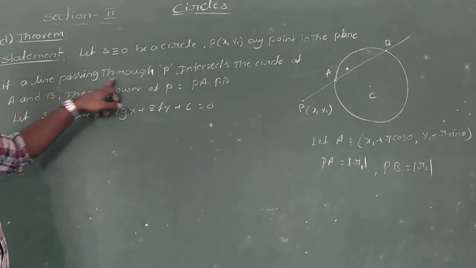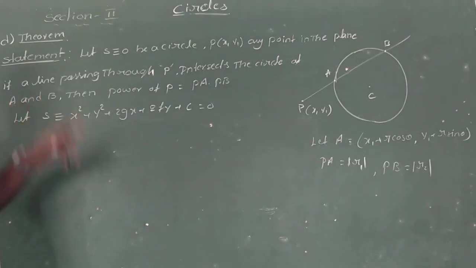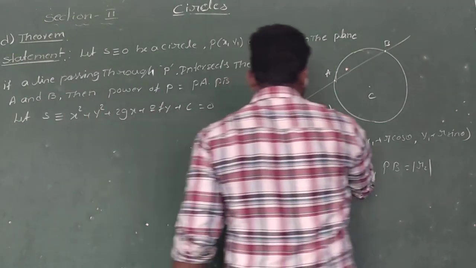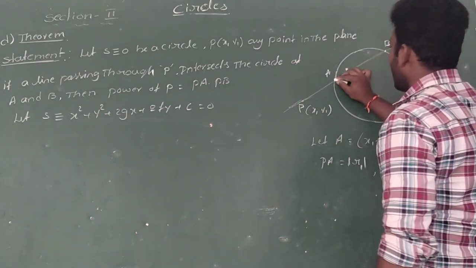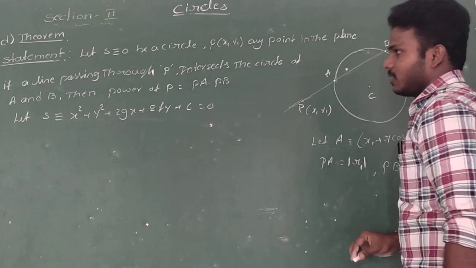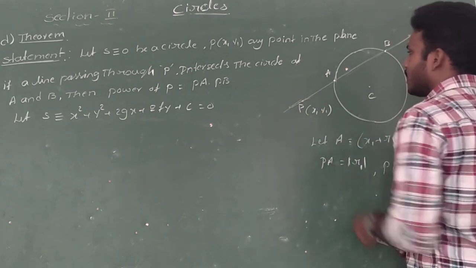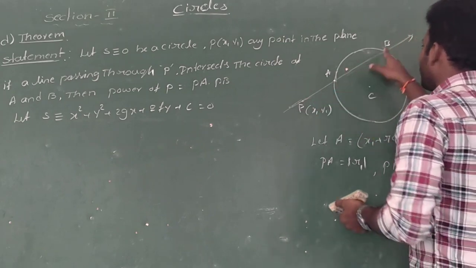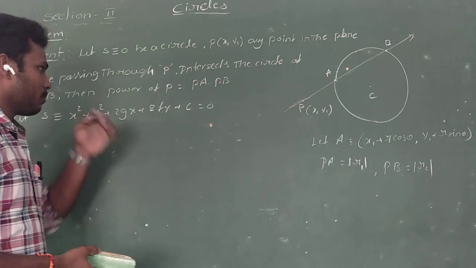If a line passing through P intersects this circle at A and B, then the power of the point P is nothing but PA into PB, the distance from P to A times the distance from P to B. That is the theorem statement.